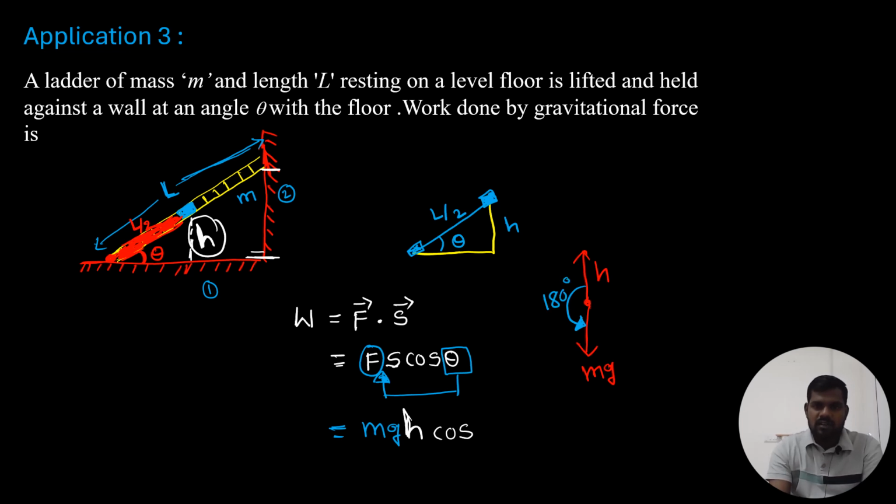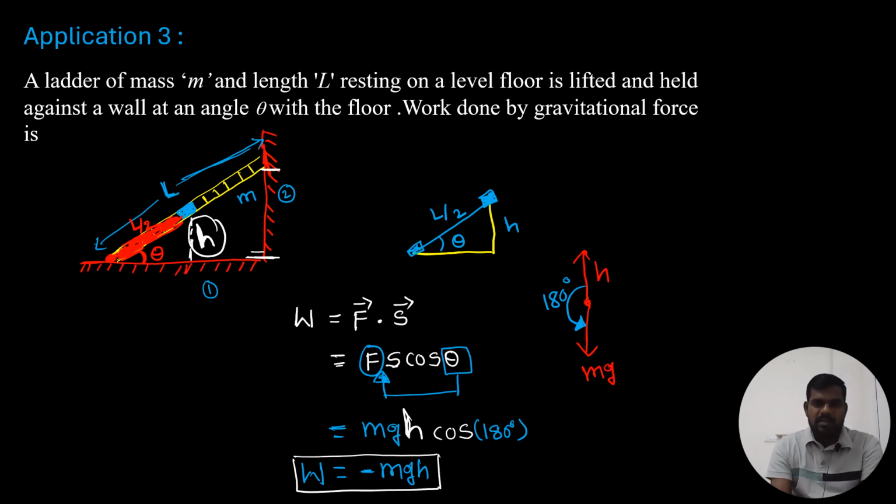So I take 180 degrees instead of theta. You know that cos 180 is -1. So the work done by the gravitational force is W is equal to minus mgh.